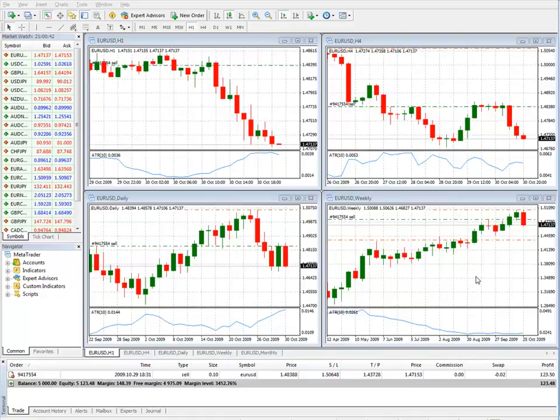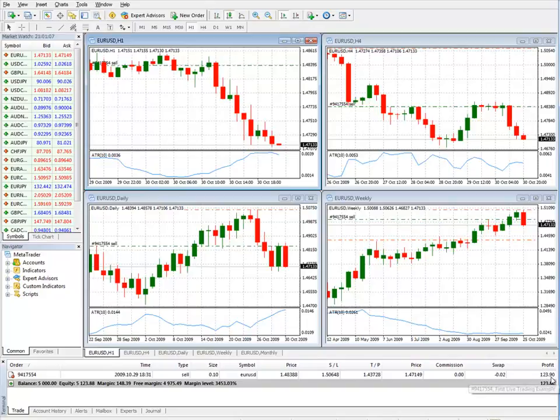Okay, here we are back at our live trade example, and as before, we were short the euro dollar US dollar. And let's take a look at where we are today. This is the very next day. We're up 123 pips.